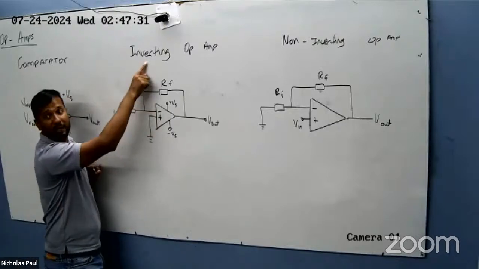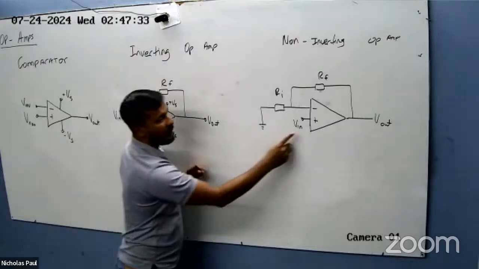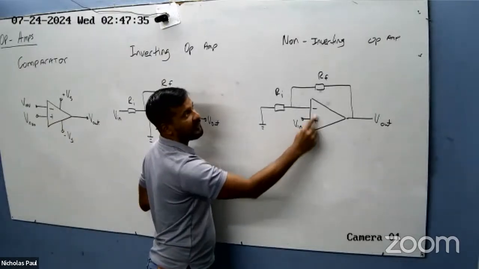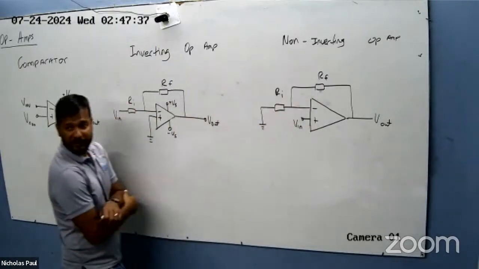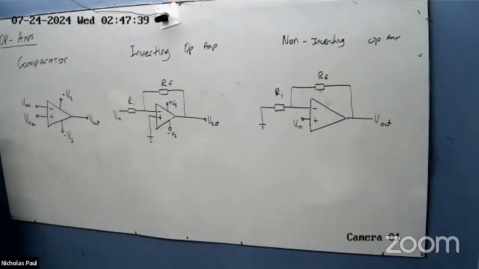That's why it's called inverting. Here the input is run through the non-inverting terminal. That's why it's called non-inverting. So it's important that you understand and can identify different types of op-amps.